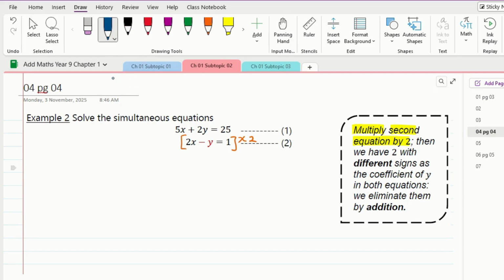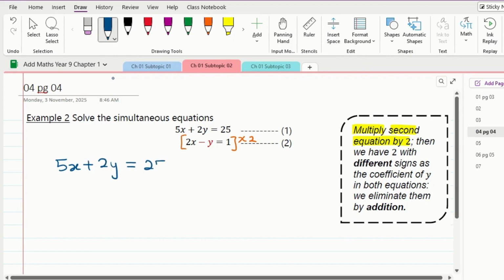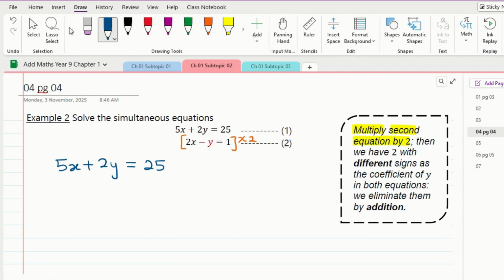So here, let's copy down the first equation with no change. 5x plus 2y equals 25, and for the second equation, 2x minus y equals 1. You have to multiply all of them by 2, so you will have 4x, and then minus y times 2 is going to be minus 2y, equals 1 times 2, which is going to be 2.